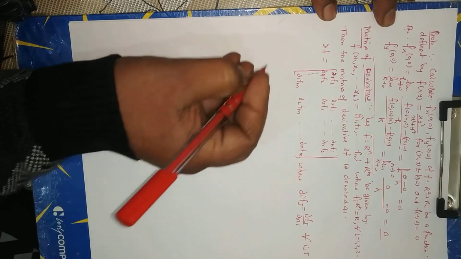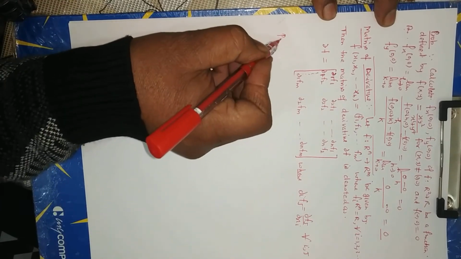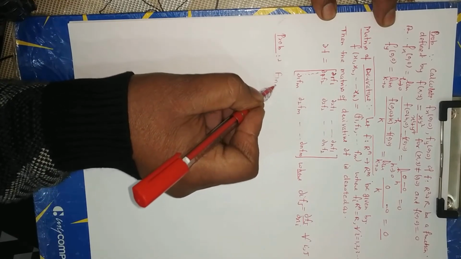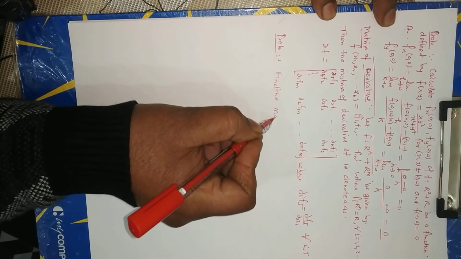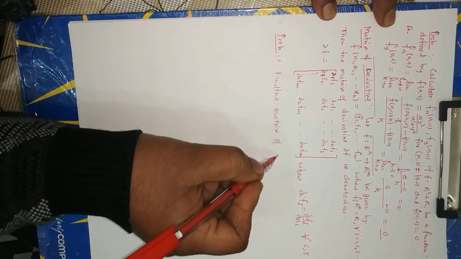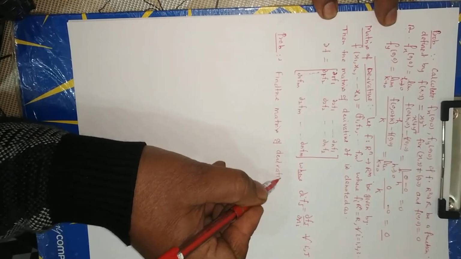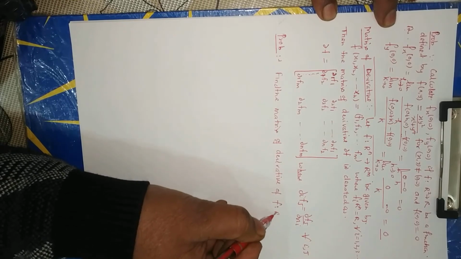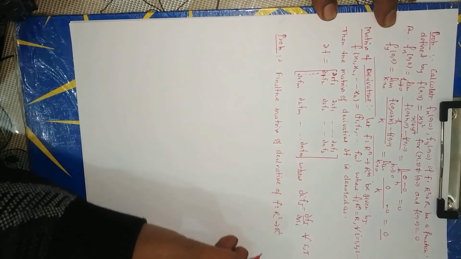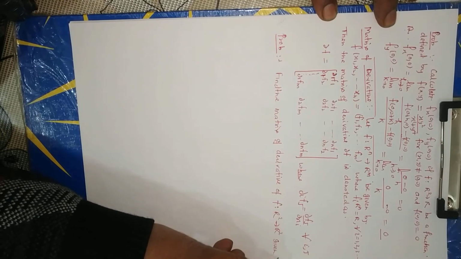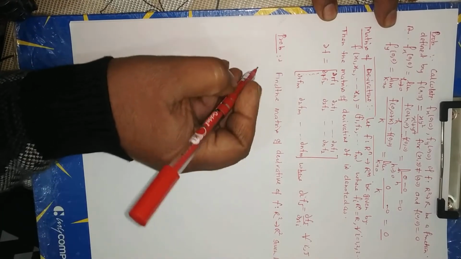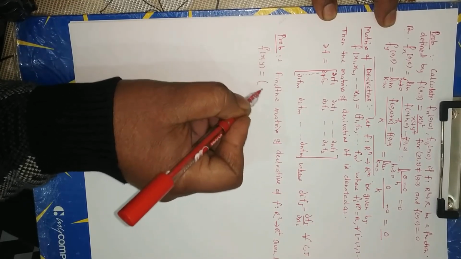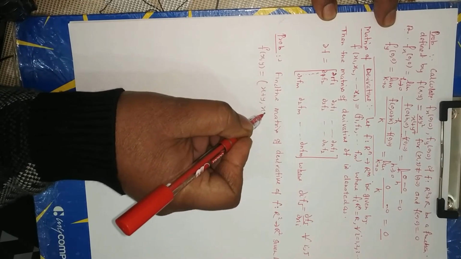Find the matrix of derivative of f from R square to R square given by f(x,y) equal to (x plus y, xy).